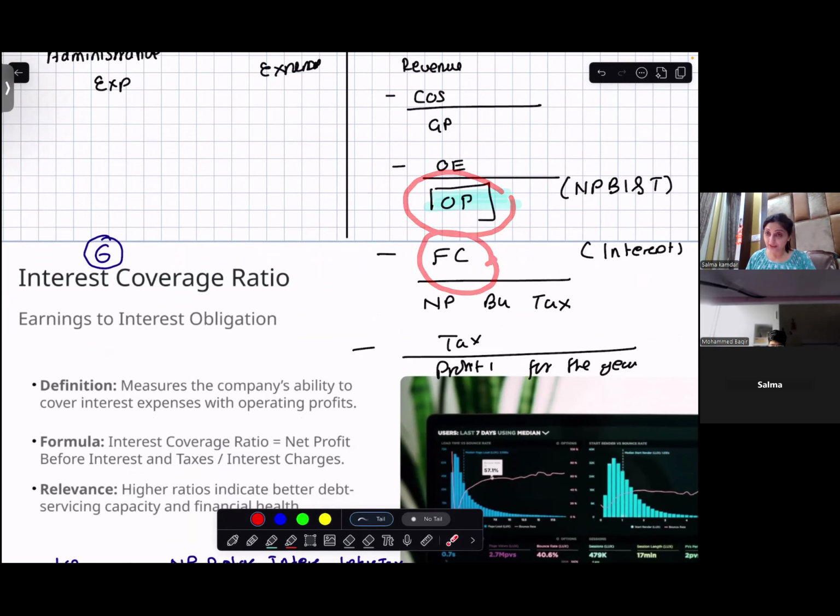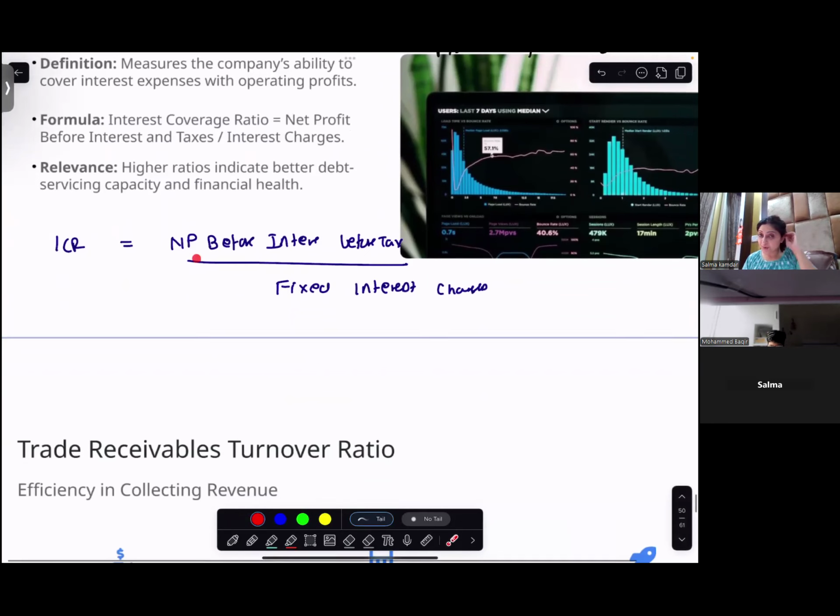How many times your operating profit is able to cover your interest expenses? Net profit before interest and tax is also called your operating profit, divided by fixed interest charges.